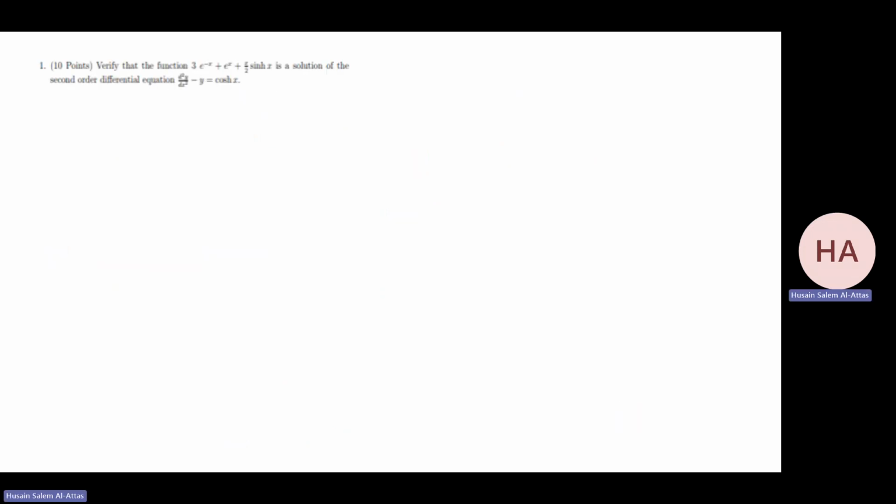Verify this function. So I have function y equal 3e to the minus x plus e to the x plus x over 2 sine hyperbolic x. Okay, for sure we remember sine hyperbolic. Let us see what will happen. I want the left-hand side equal right-hand side. Left-hand side is what? Second derivative minus y.